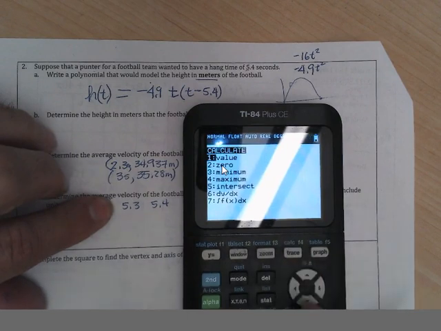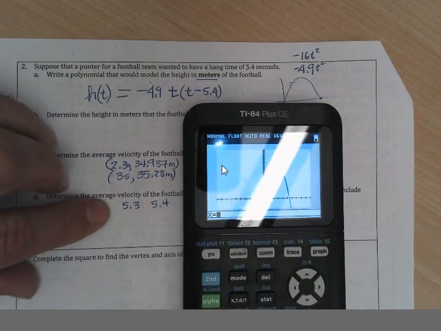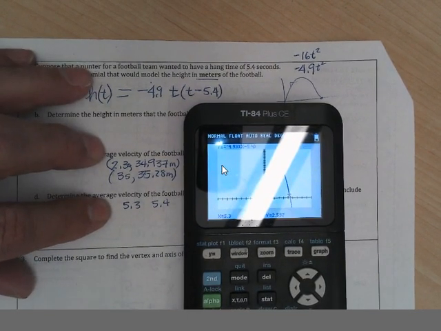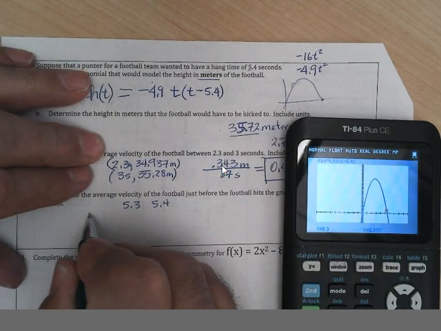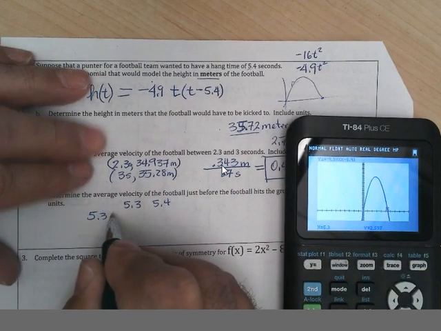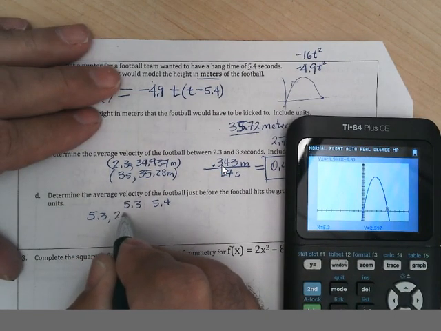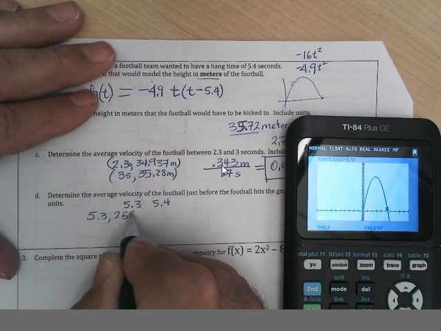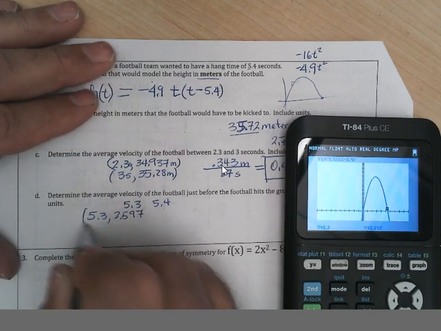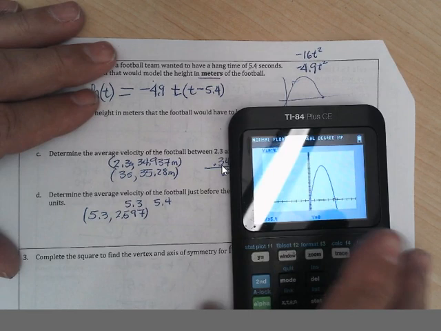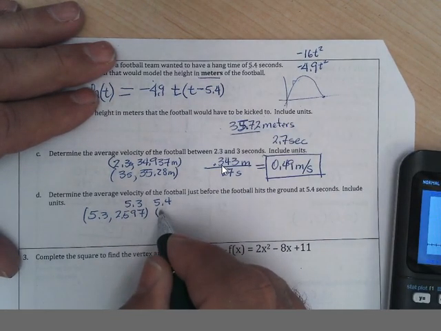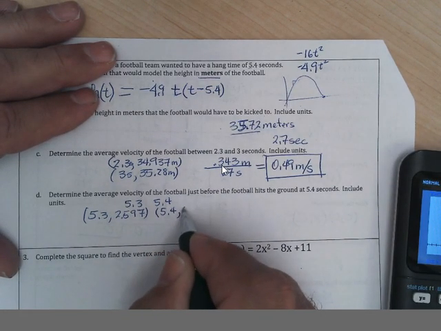So, second, calculate the value at 5.3, and it's at 2.9597. And at 5.4, it's at 0. We made it be 0.